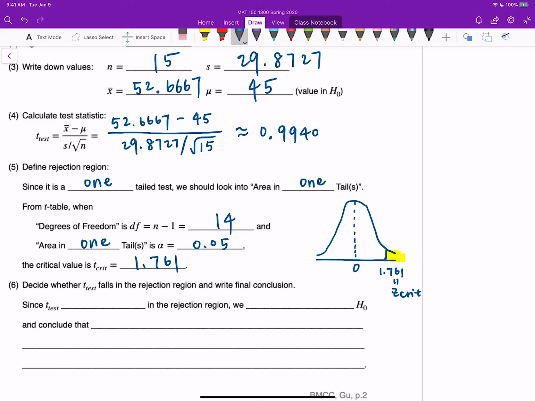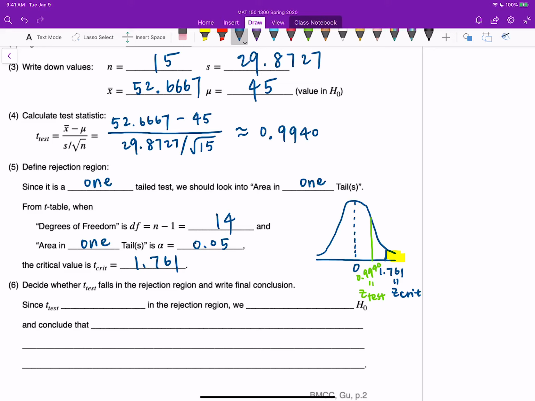Then let's mark our test statistic. The test statistic is 0.9940, so apparently it's to the left of 1.761. This is our t-test statistic. Apparently, the test statistic does not fall in the rejection region.